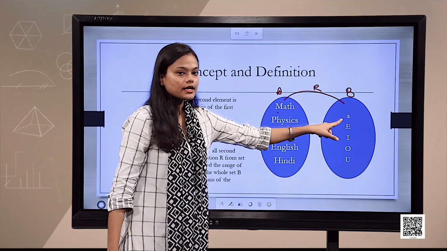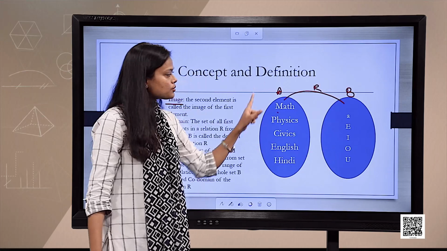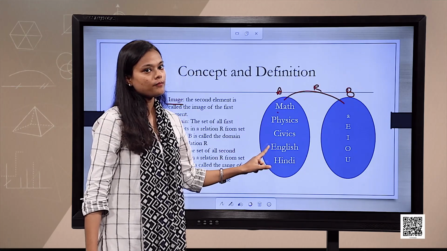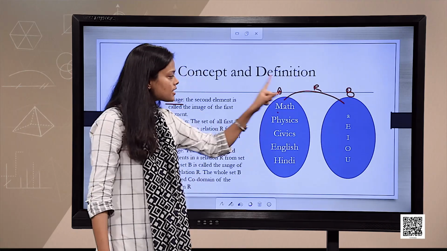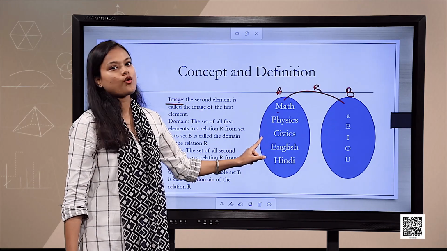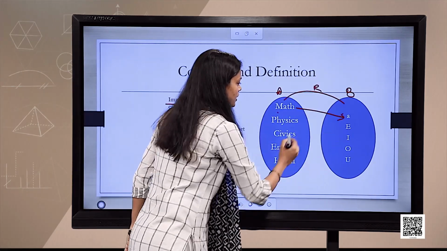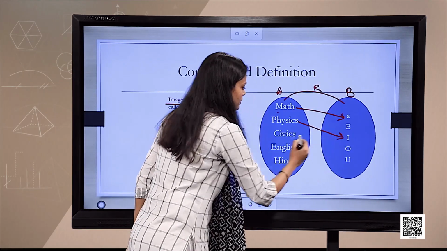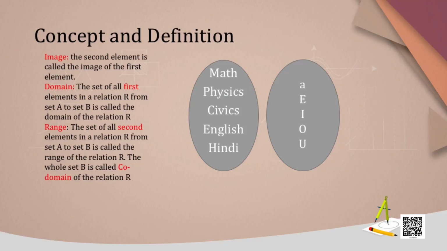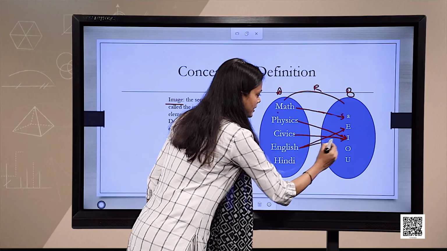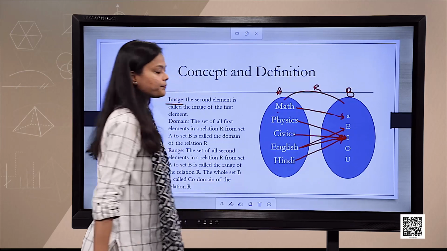Y is related, that means all the elements in set B are related to the elements in the set A, where Y is representing vowels in the elements of set A. So, math is related to A, physics is related to I, civics is related to I, English is related to E and I, and Hindi is related to I.